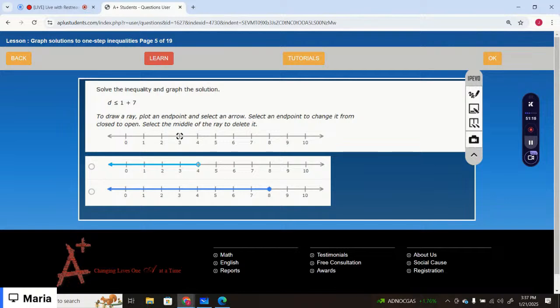Solve the inequality and graph the solution. D is less than or equal to 1 plus 7, so which is the correct option?